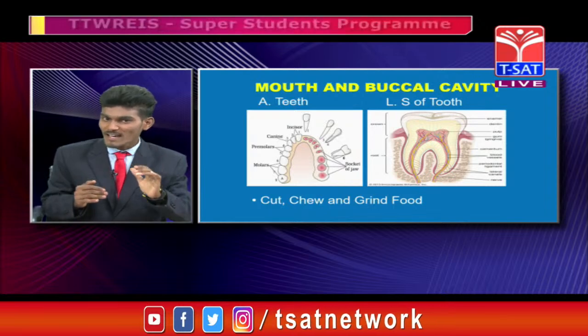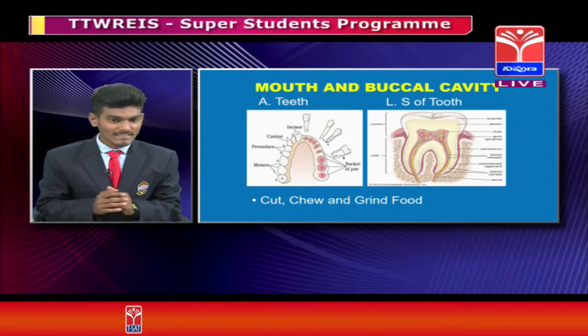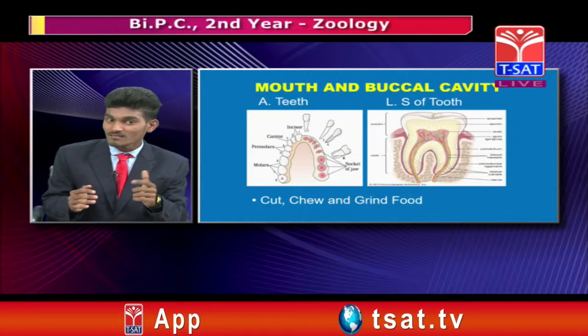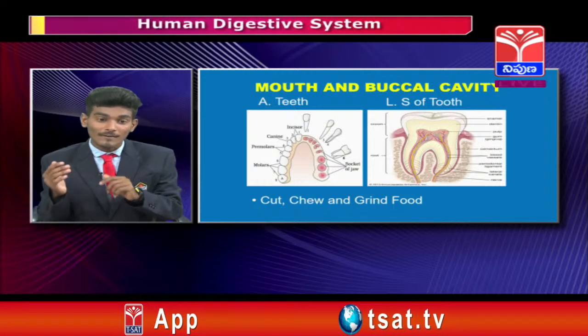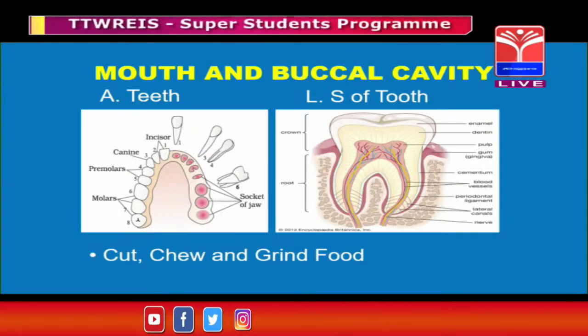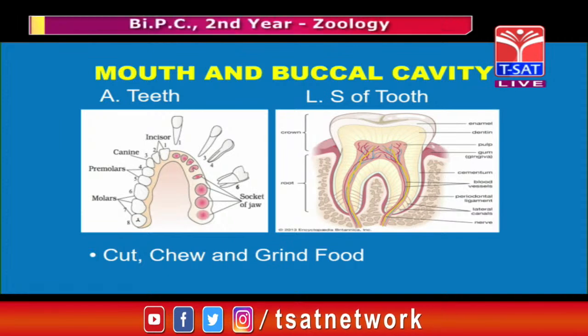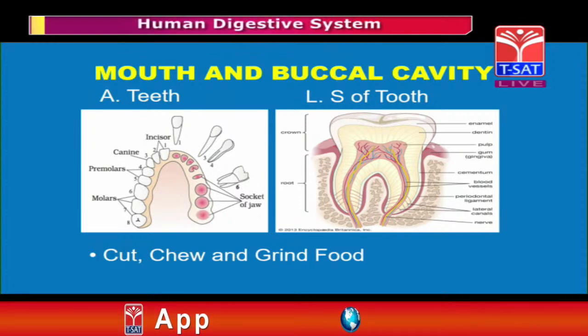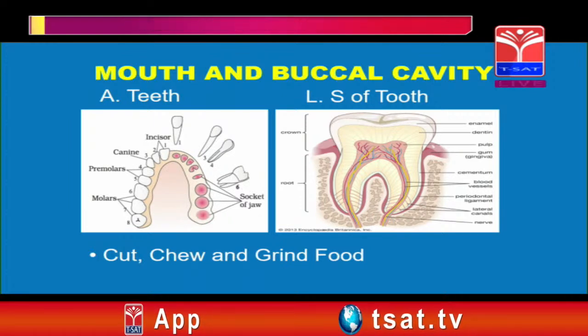The jawbones have 4 kinds of teeth. They are incisor, canine, premolar and molar. First is the incisor. The incisor appears chisel-shaped and helps in cutting the food materials.